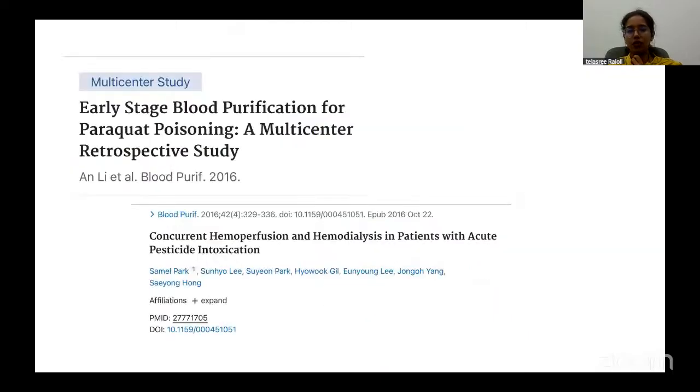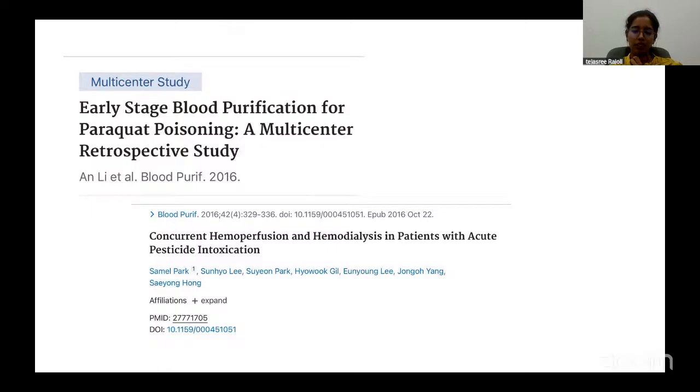Most of the literature we have on extracorporeal therapy is from non-English sources, mostly Chinese studies. One such study is early stage blood purification in paraquat poisoning, a multi-center retrospective study.